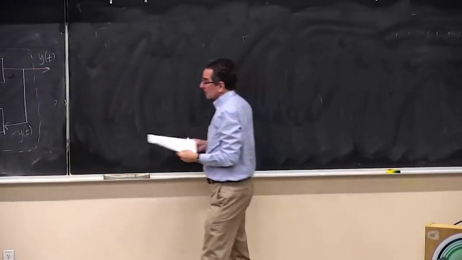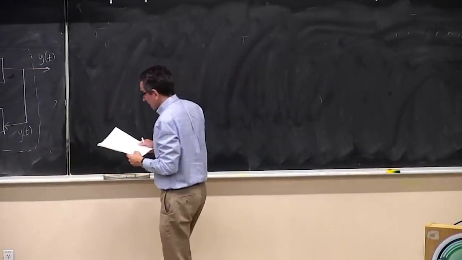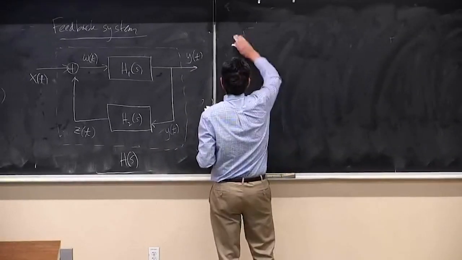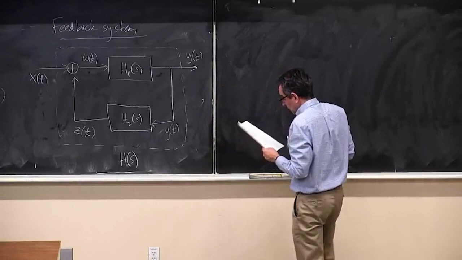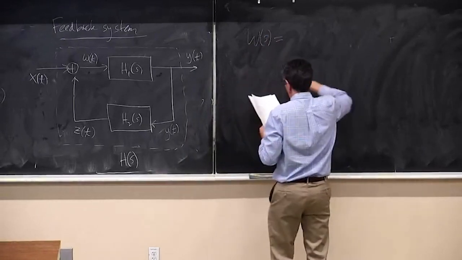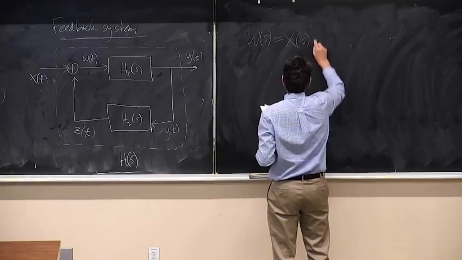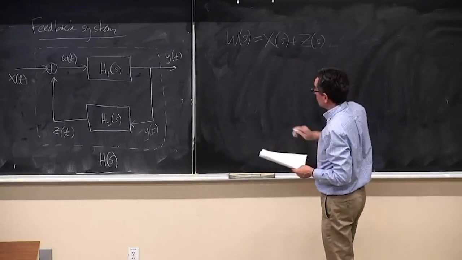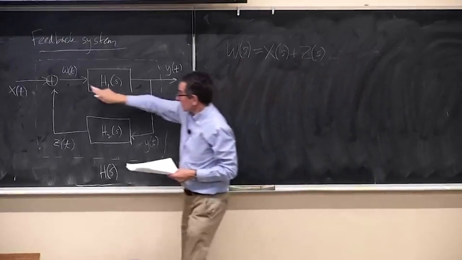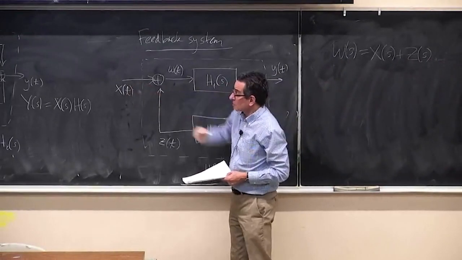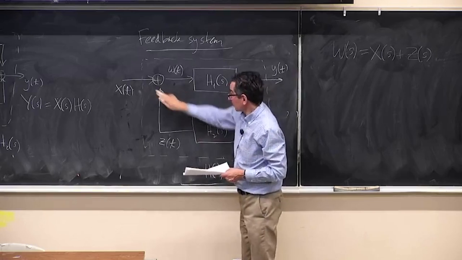And basically, it's just, again, an application of the linearity and the convolution property. I'm just going to write down a few of the expressions, and you can confirm for yourselves that when I manipulate these things, I'm going to get the overall H(s) that I show you. So W(s) is the sum of these two. It's using the same idea as in the parallel case, not quite, but it's just the linearity.